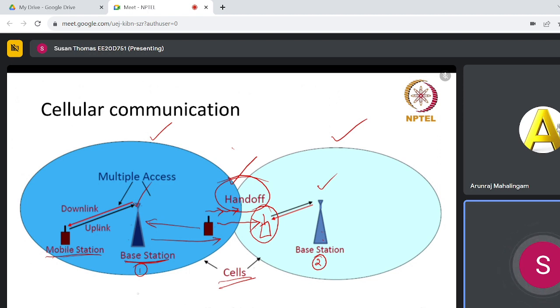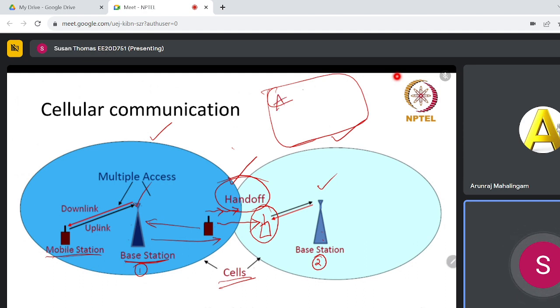So there are multiple cells. Cell A. In a particular area, for example, you take a particular city. In a city you have multiple cells. So the whole geographical area of a city is being divided into multiple cells.